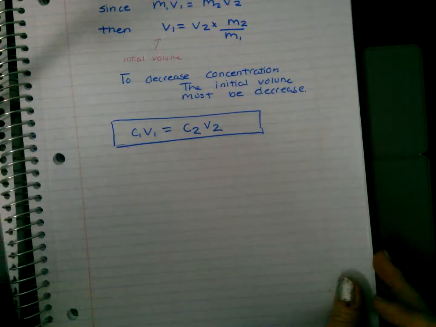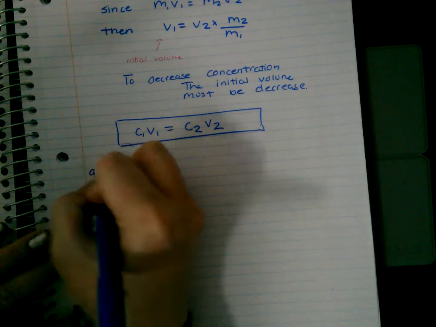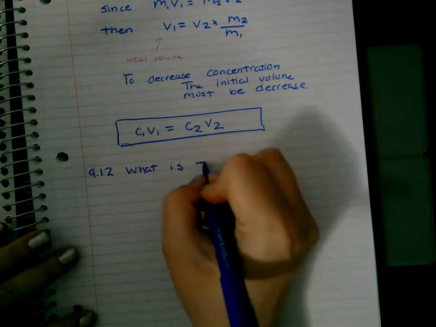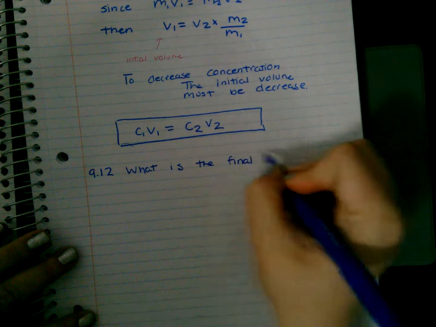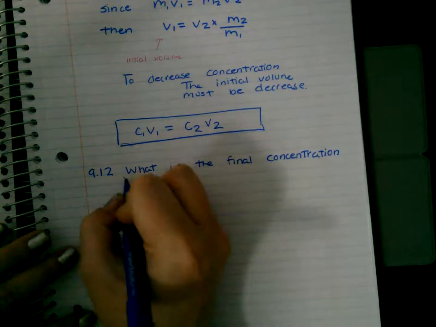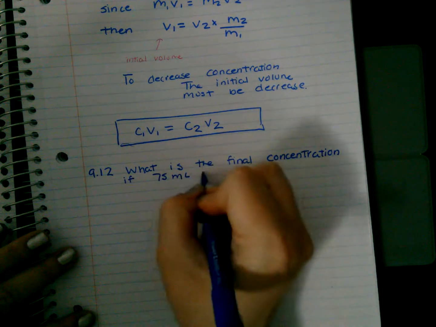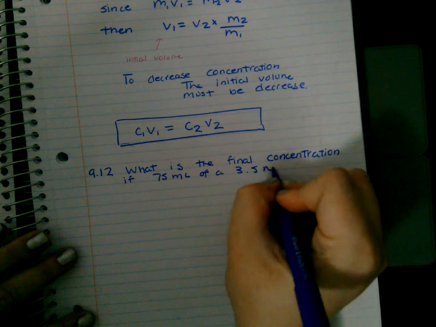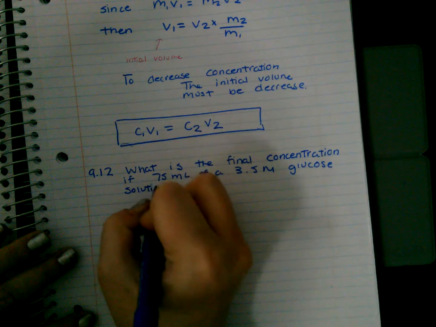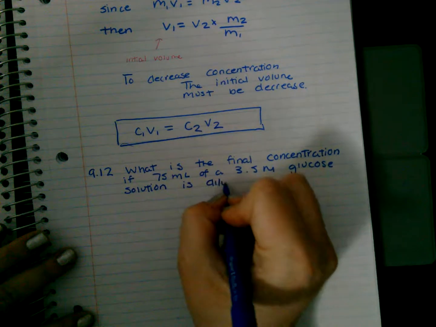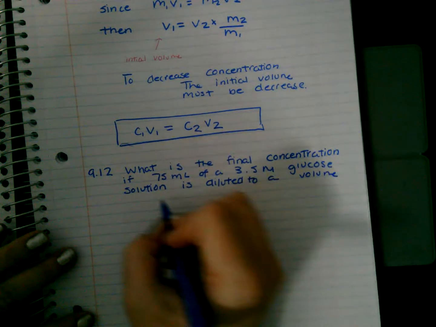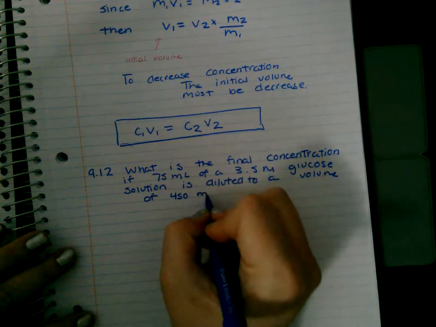So the first example that we're going to do is going to be 9.12, which is: what is the final concentration if 75 milliliters of a 3.5 molar glucose solution is diluted to a volume of 450 milliliters?